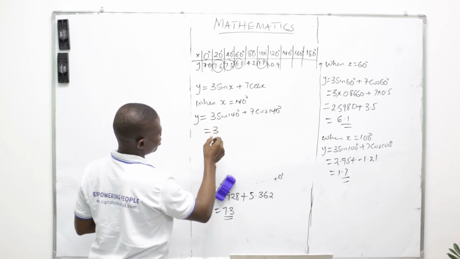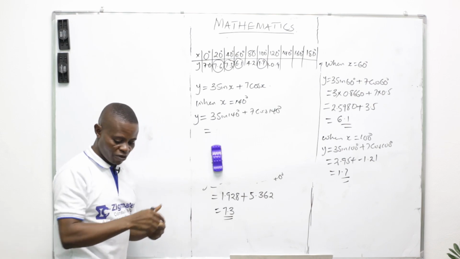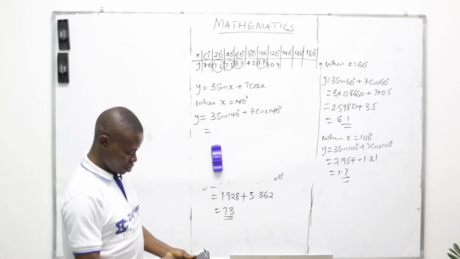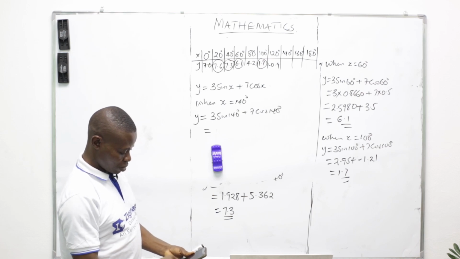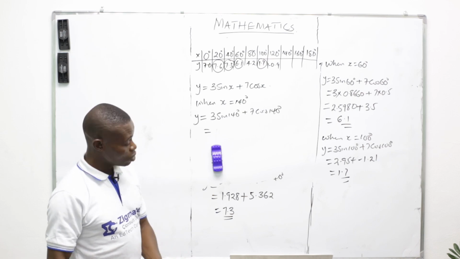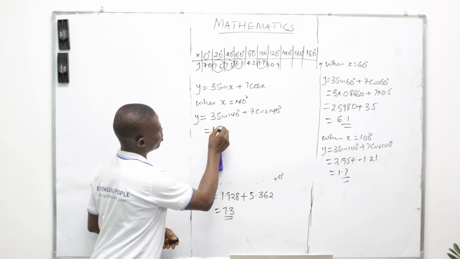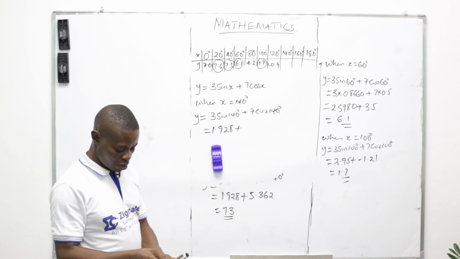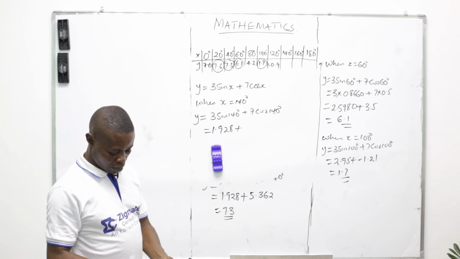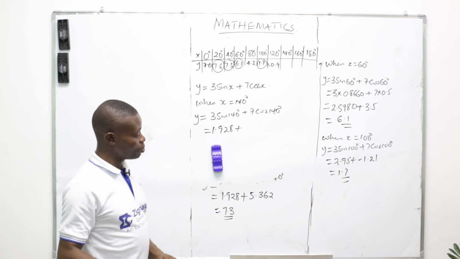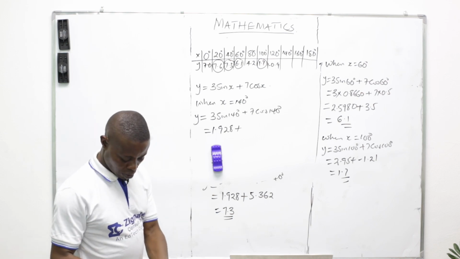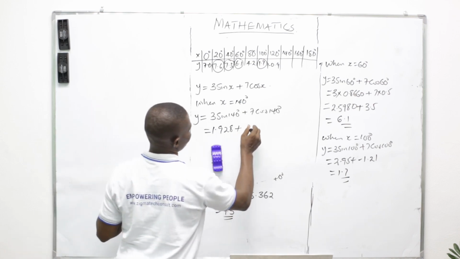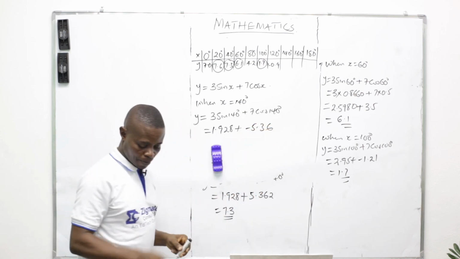This will give us 3 times sine 140 degree, which equals 1.928, plus 7 times cos 140, which is minus 5.36.